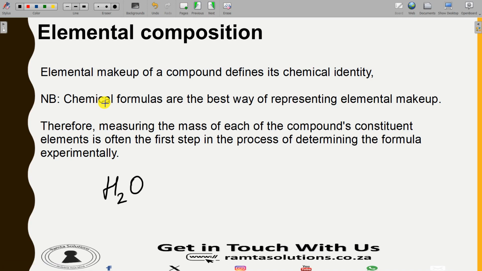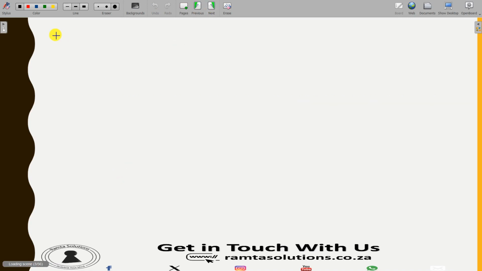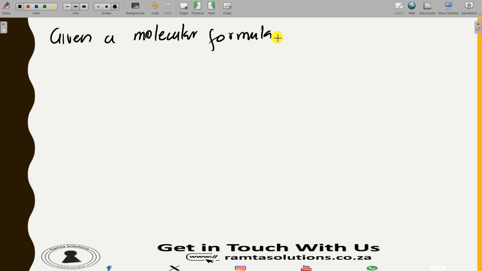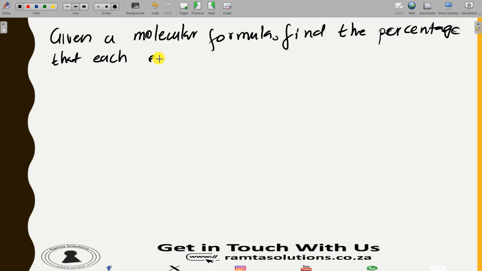What we are expecting here is that we will be given a molecular formula, and you will need to find the percentage that each element contributes.